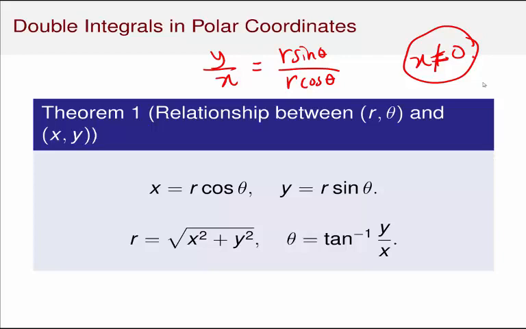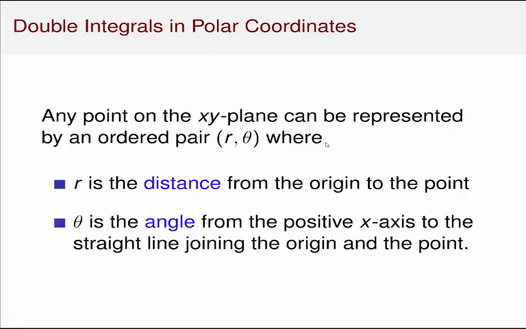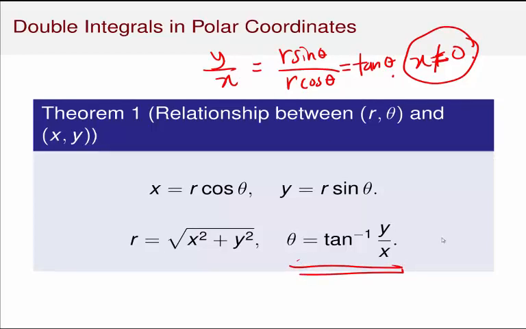You see, the y-axis is the equation x equals 0. So as long as we are not on the y-axis, we have x being not equal to 0. So the equation here holds provided we are not on the y-axis. And after simplifications, we have this being equal to tangent theta. And so theta is the inverse tangent of y over x, provided x is not 0.